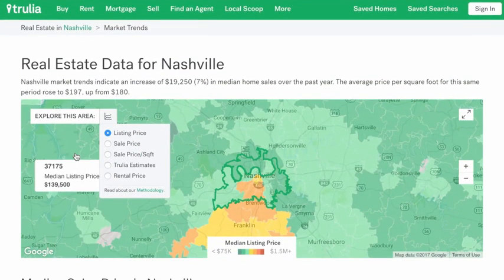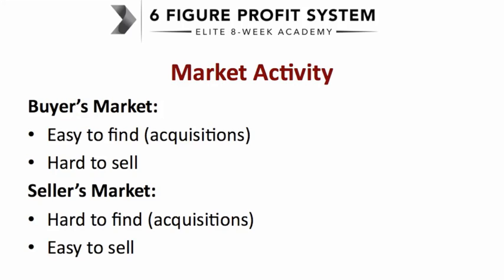Now let's switch back to our presentation. Before we move on to the next consideration, I just want to review real quickly. Market activity is important to understand so that you know what the trends are in your market. At this point in the game, we're going to talk primarily about how to recognize the market activity.